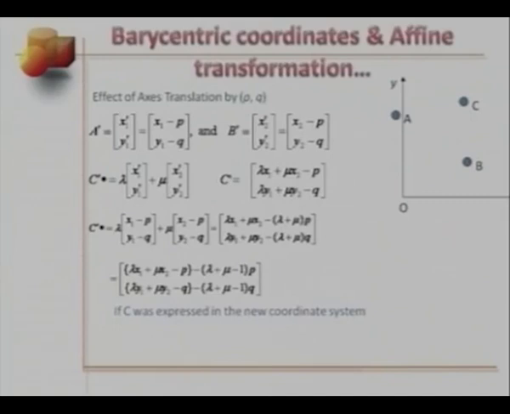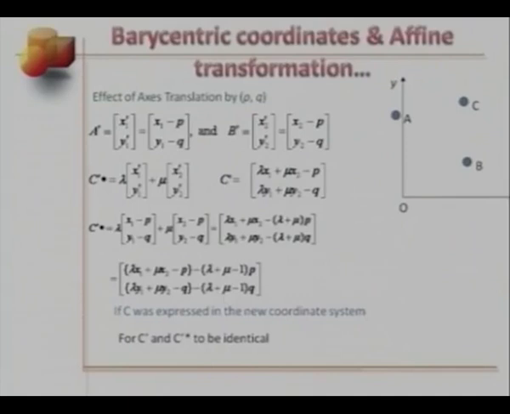Now, if C was to be expressed in the new, that is translated coordinate system, we should have expected the coordinates of C prime to be identical to those of C prime star. This would mean that this expression should be the same as this expression, and the y coordinate of C prime should be the same as the y coordinate of C prime star.